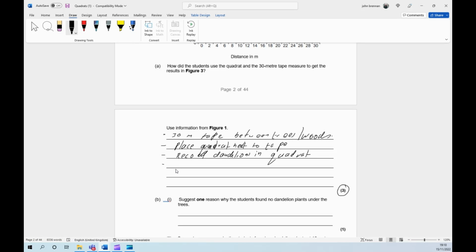And they are also taking measurements. They're repeating their measurements every 2 meters. So repeat process every 2 meters. There we go. Each one of these is actually worth a mark, up to a maximum of 3.